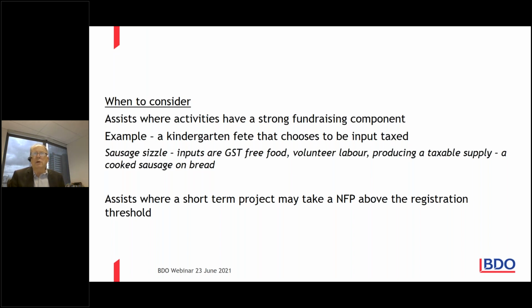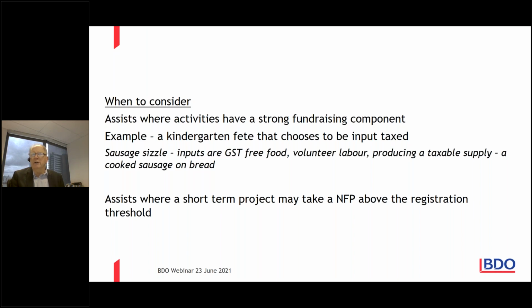So if that's just organised by the kindergarten, it's a GST registered organisation. If it's done through the kindergarten itself, then there's no input tax credits on the donated goods, and the items that are being sold, like cakes or sausage sizzles, are taxable supplies, and so 1/11 of the sale proceeds are GST.